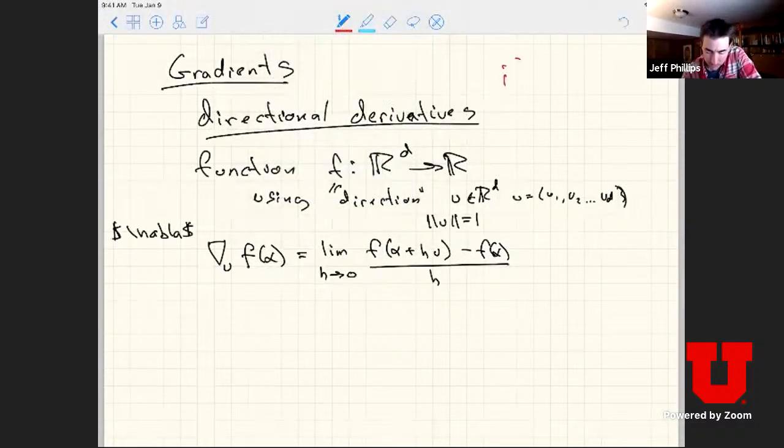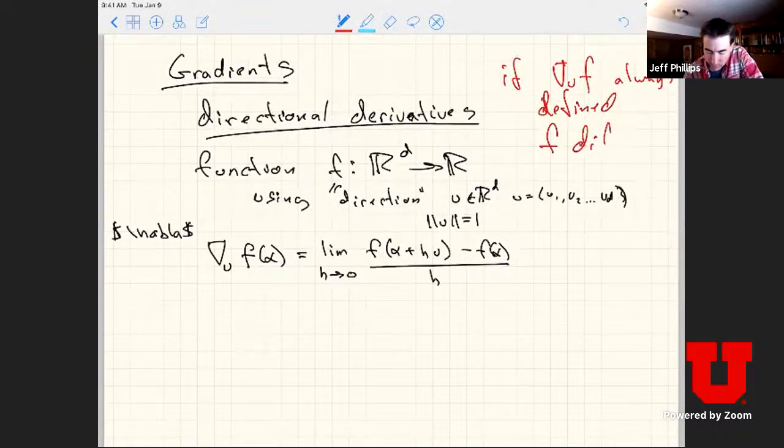So if nabla f is always defined, then f is differentiable. We're not always going to deal with differentiable functions, but sub-differentiable ones where there are one or two points where it's not defined, but usually it's not too hard to deal with those issues. So we're going to assume that you can take this limit.